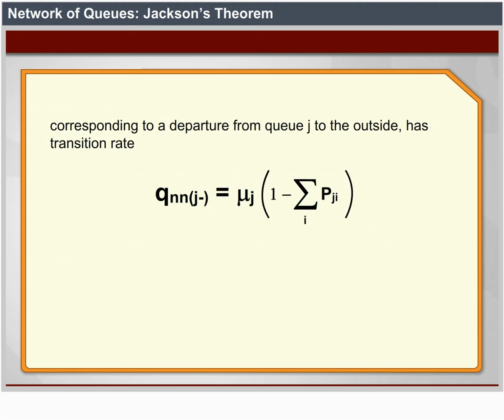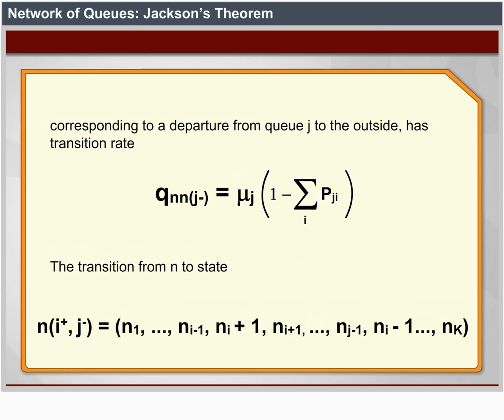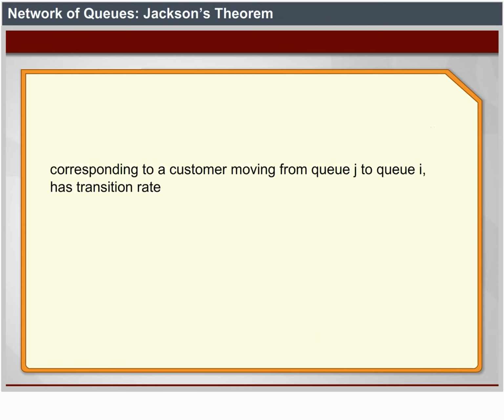The transition from n to state n_i plus j minus, equal to n_1, n_i minus 1, n_i plus 1, n_j minus 1, n_j plus 1, n_k, corresponding to a customer moving from Q_j to Q_i, has transition rate q(n, n_i plus j minus) equal to mu_j P_ji.